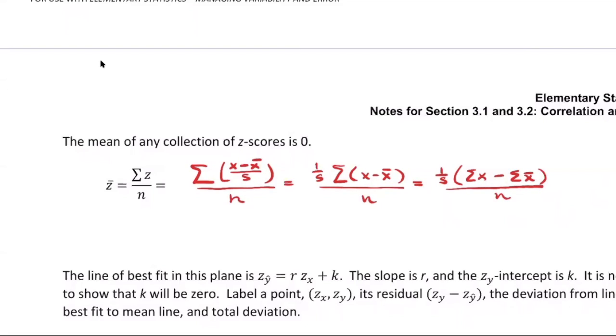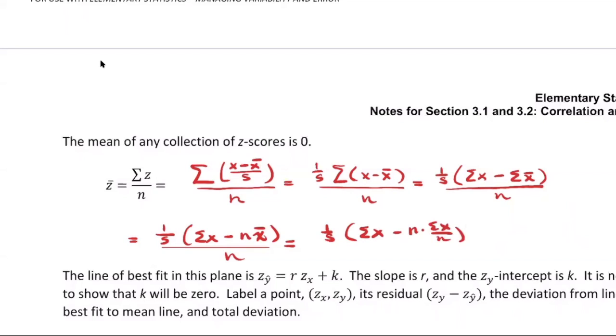So this is 1 over s times the sum of x, which is fine. X bar is just a single value, and if you add it to itself n times in the sum, you would get n x bars. You're just adding it to itself repeatedly, and again dividing by n. And then x bar is the sum of x over n, so you have minus n times the sum of x over n.